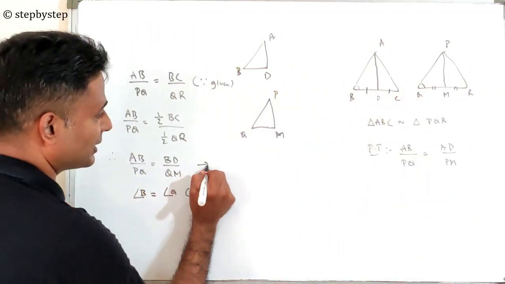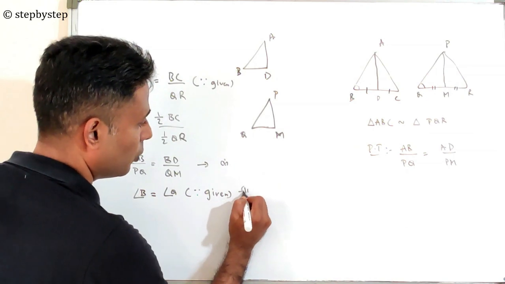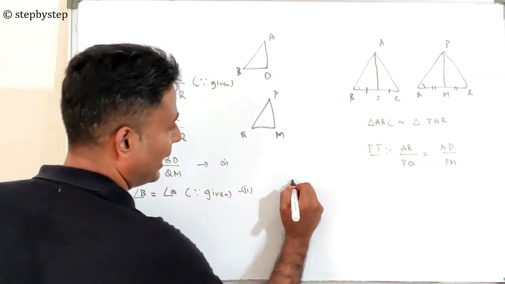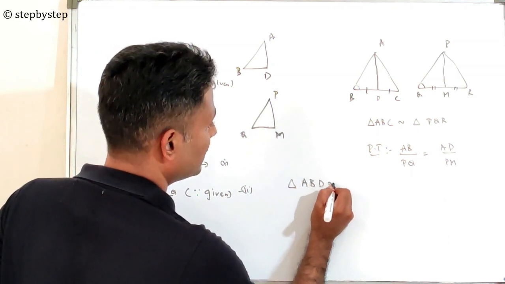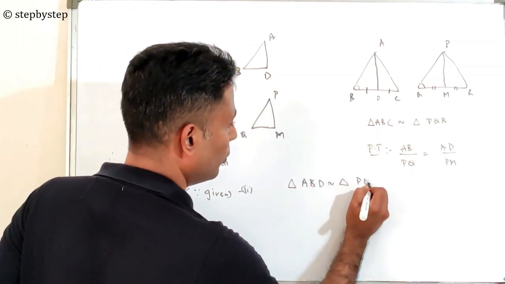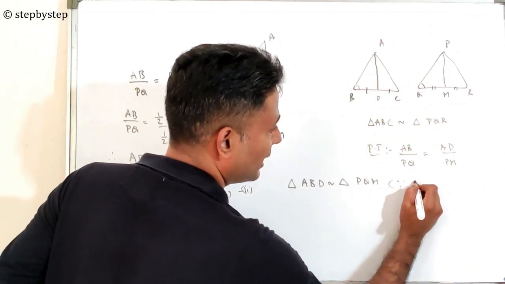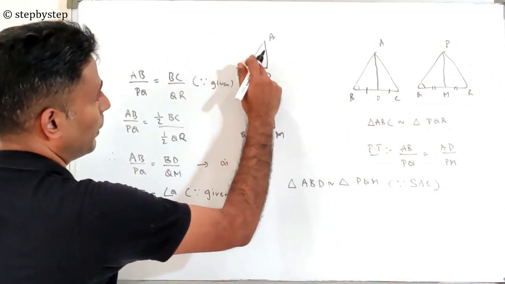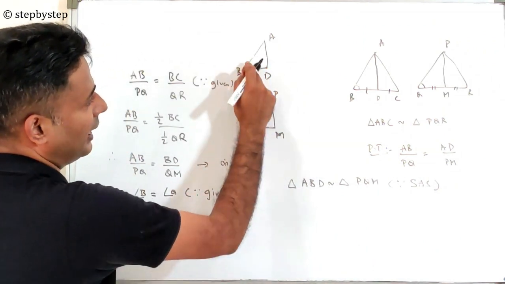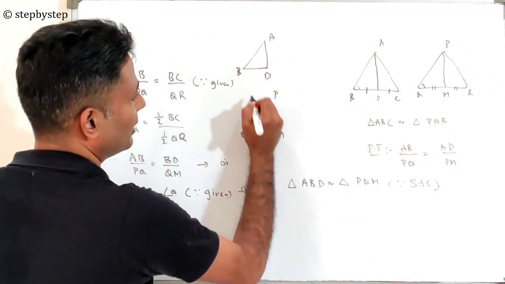Now from this 1 and 2, from this and this, what do we get? Triangle ABD similar to triangle PQM. Which similarity? SAS similarity. This by this equal to this by this, and the angles between them are equal, if this angle is equal to this angle.